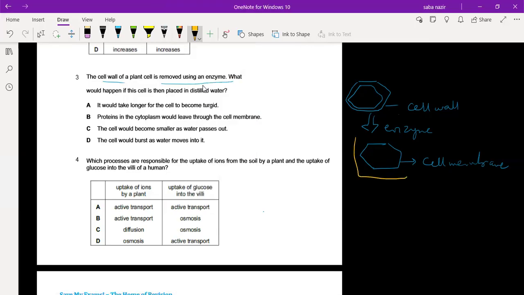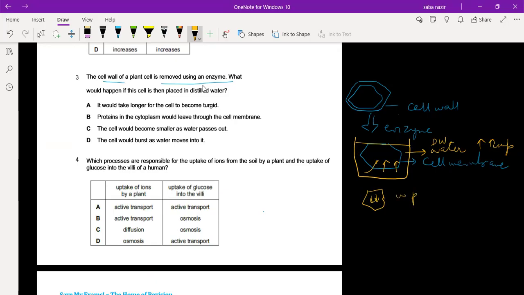Now if we dip this cell in water, and it is actually the distilled water. Distilled water always has high water potential, right? So the water will start to move from an area of high water potential to an area of low water potential. The question is why does the cell have low water potential?